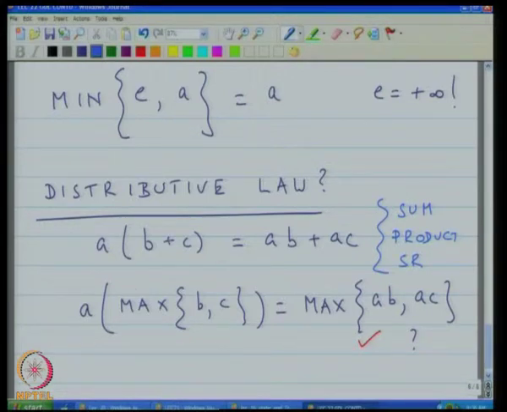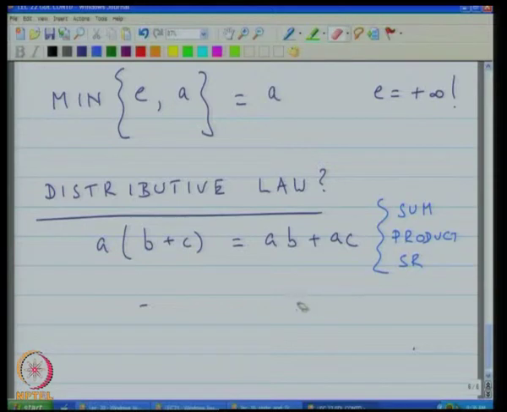So, the addition is the min, so here this is going to look different. So, we will put down min of B, C, and instead of product you have the sum.